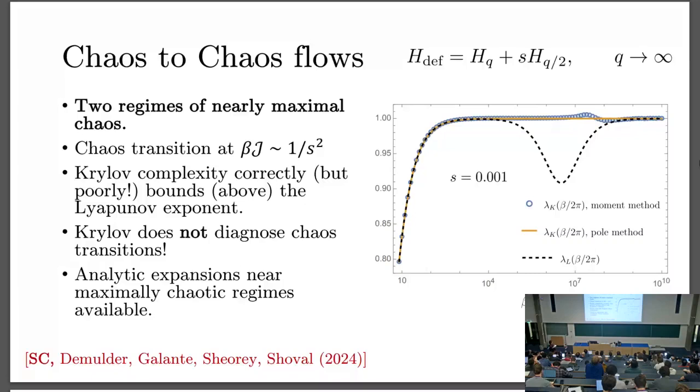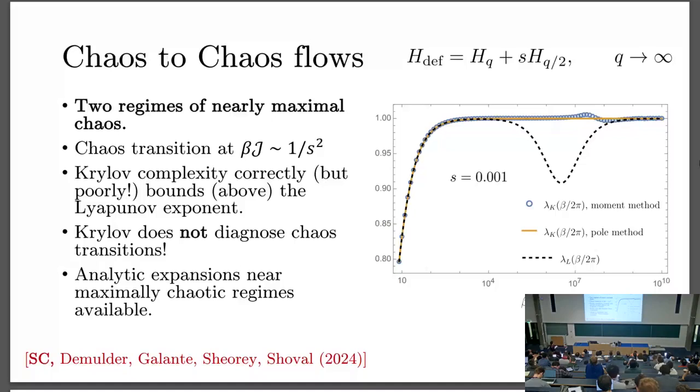The Krylov, on the other hand, so you have on the top two methods to compute it. The blue dots, essentially, as you take more and more terms, converge to the orange curve. And as you see, it doesn't see basically anything. So it doesn't see chaos. It doesn't see the transition between the two chaotic regimes. Basically monotonic all the way.